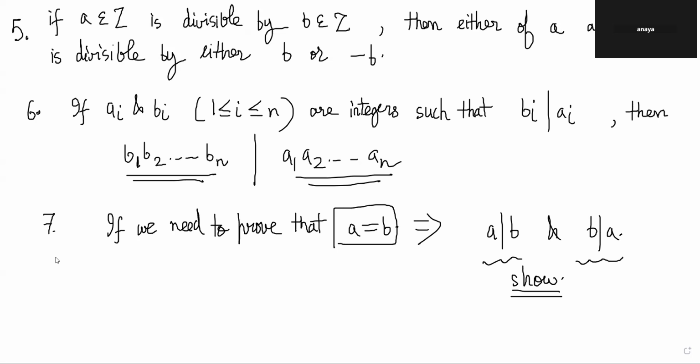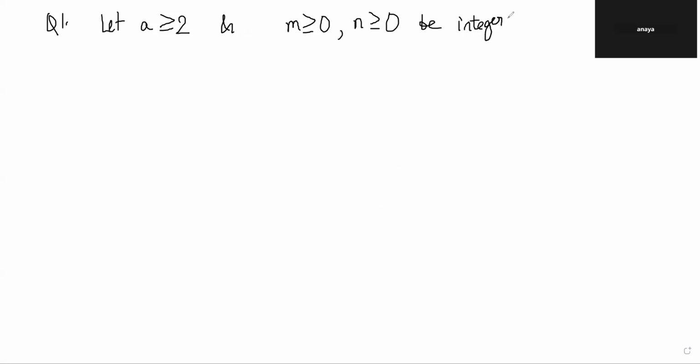Okay, so let's look at a few questions to just apply all of this. Question one is: let A greater than or equal to 2 and M greater than or equal to 0, N greater than or equal to 0 be integers.